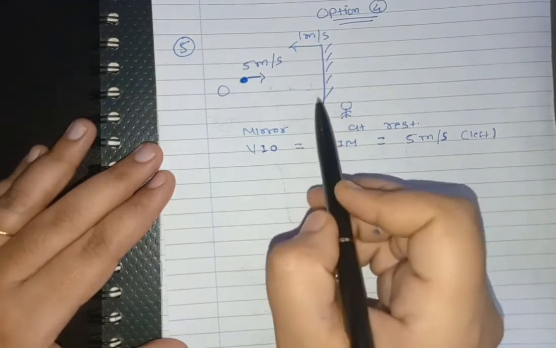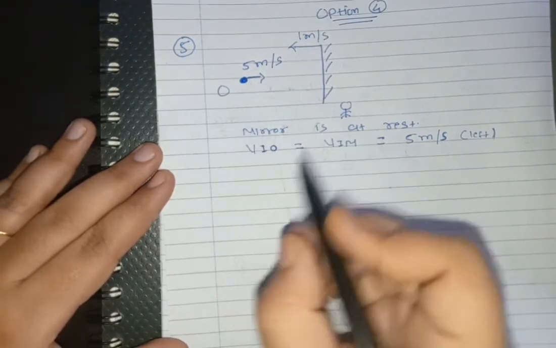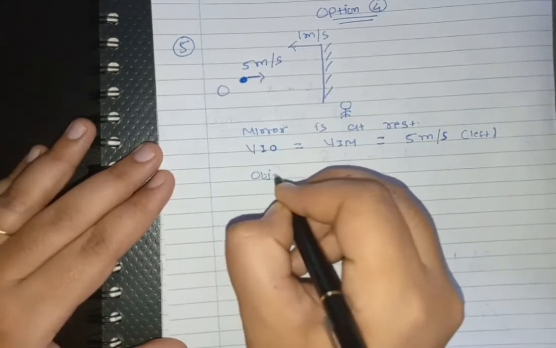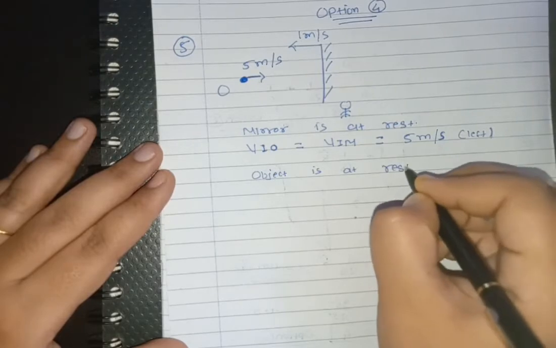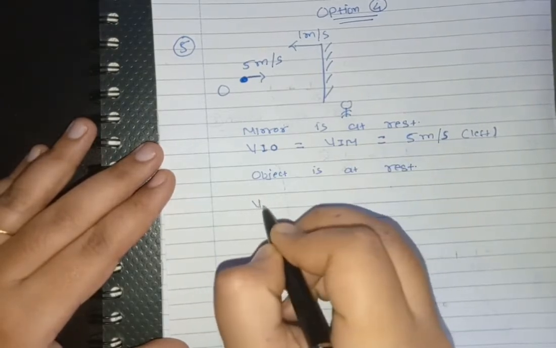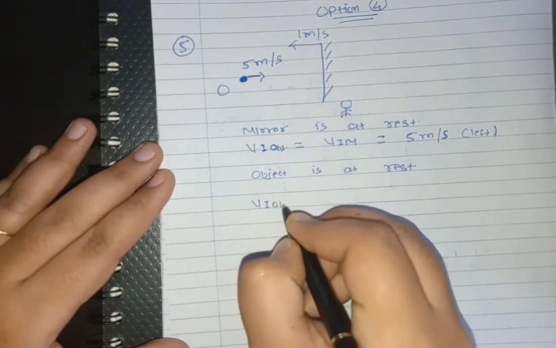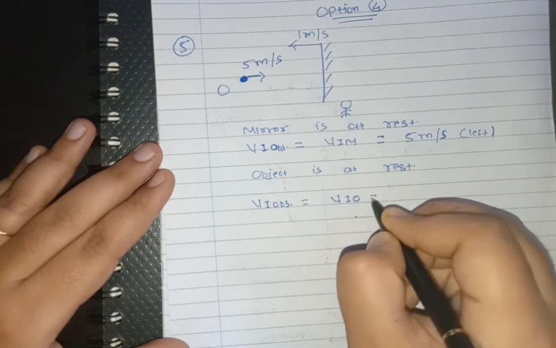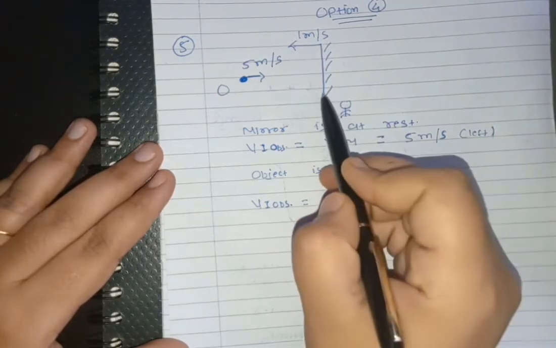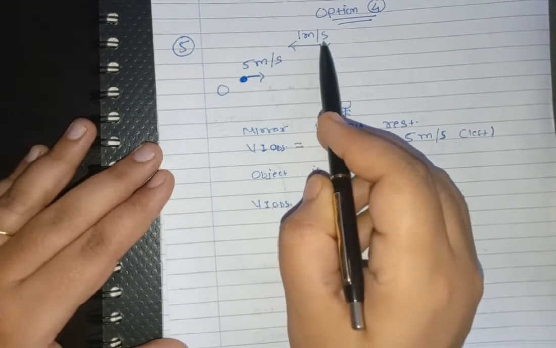Now in the second case, mirror is moving and object is at rest. So velocity of image with respect to observer is equals to velocity of image with respect to object. Now in this case, mirror is moving towards left with speed 1 meter per second.